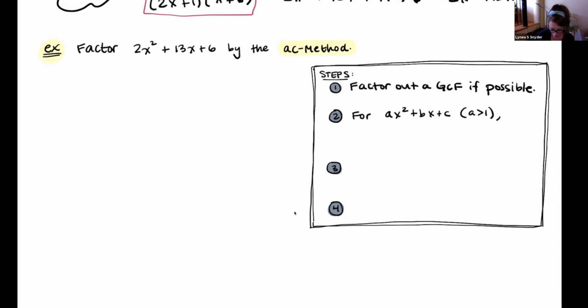What you're going to want to look for is 2 numbers that multiply not to just c this time, but to ac, so a times c, hence the AC method, and add up to b.